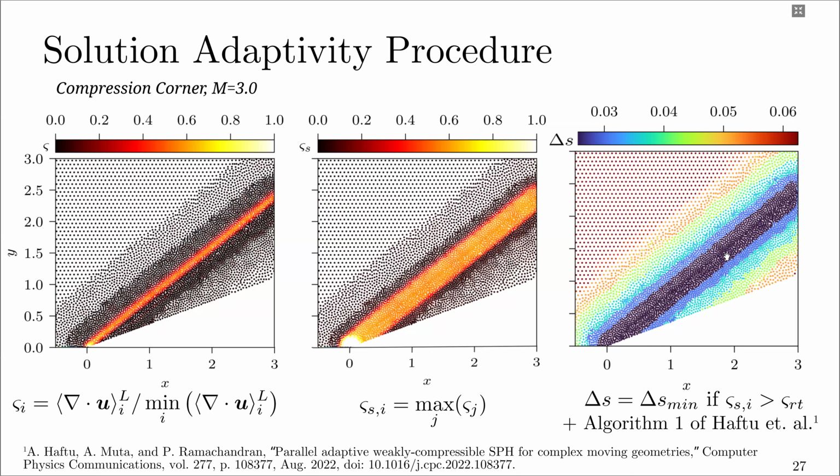And then we form these bands through algorithm 1 of Haftu et al. These bands are in steps of 1.2, as in the innermost band is delta S min. The next band is 1.2 times delta S min. The next band would be 1.2 squared times delta S min, and so forth until it reaches the maximum reference spacing.